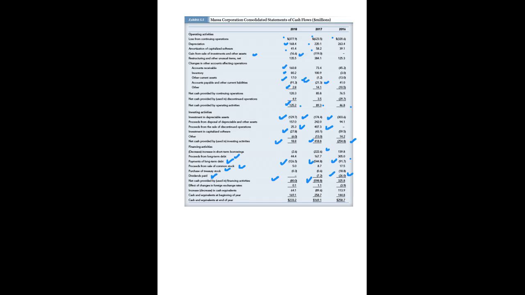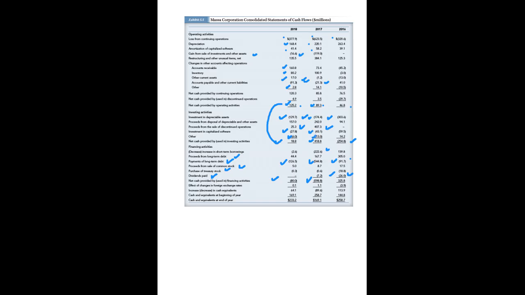So basically it was not enough in 2018. Same is the case you can find out in 2017. 89.3 was the cash provided by operating activities, but needed was 174 plus 43 plus 13, so it was not enough.